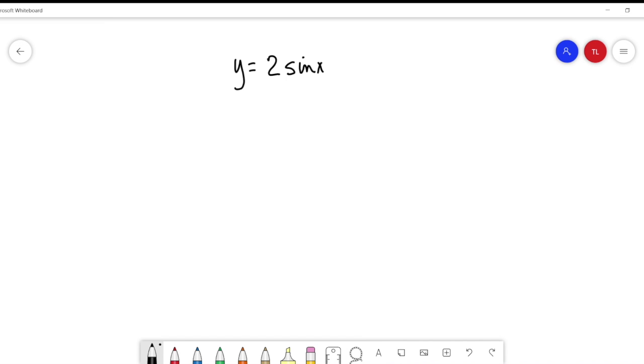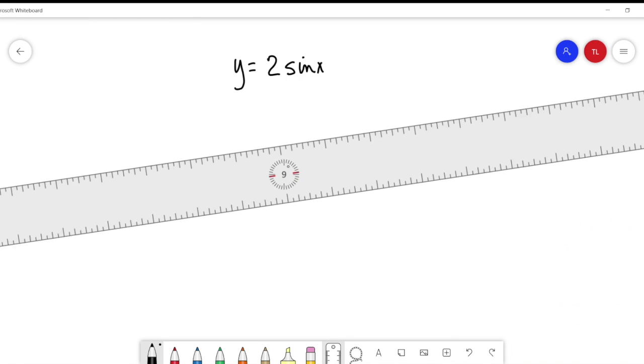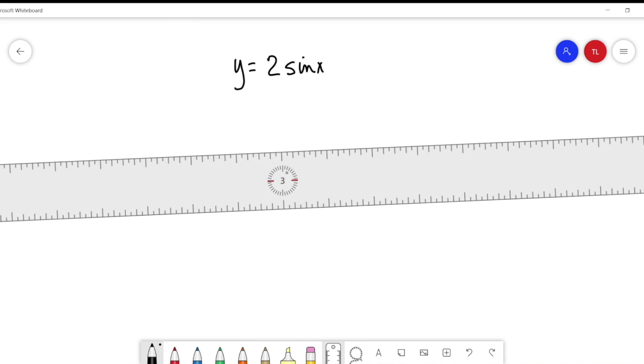I want you to know how to frame a cosine, but I don't ask for just this. I'm gonna make some different things happen. In other words, what happens if you put in here a 2 in front of the word sine?